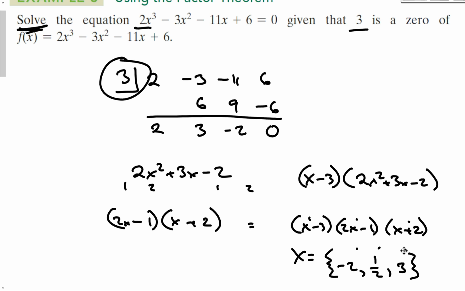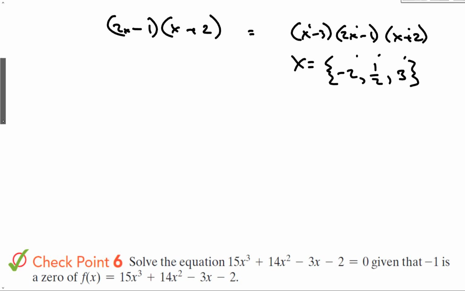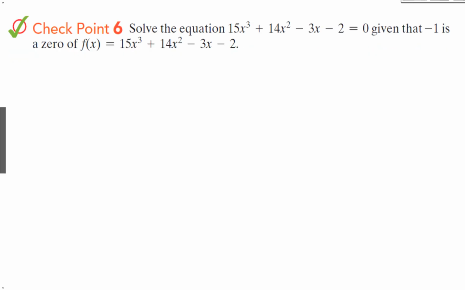And I could plug in a few more points in order to get the graph. Okay? So that's sort of putting everything together. What we'll do next section is we'll see that that will not be given, and we'll figure out how to find the zeros that could work for this polynomial equation. For now, let's just try one last problem.